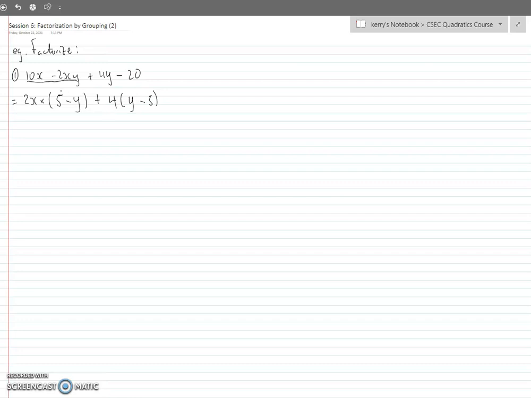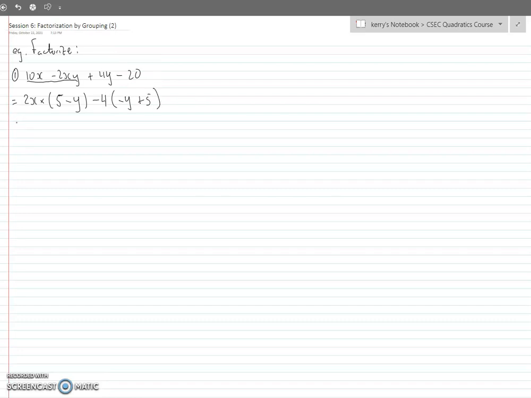Now, in this case, where you see two brackets, it's the same terms, but different orders. Check what we do here. It's a nice, easy trick. Instead of taking out positive 4, let's factorize negative 4. 4y divided by negative 4 is negative y, and negative 20 divided by negative 4 is positive 5.